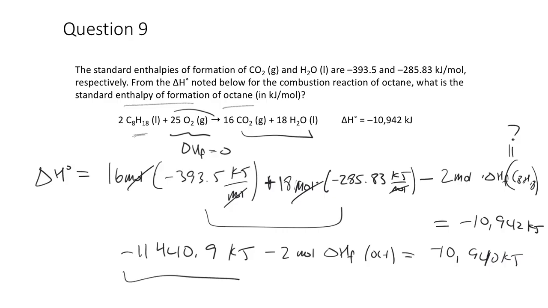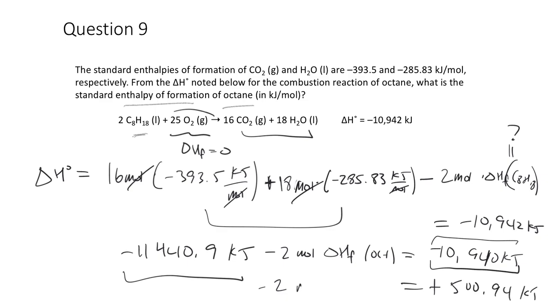And so I want to add this quantity to both sides. So I get plus 500.94 kJ. So I'm taking negative 10,940 plus 11,440.9. Be very meticulous with your minus signs. Don't just take negative this number and then plus 11,000. You have to add 11,440.9 to both sides to rearrange.